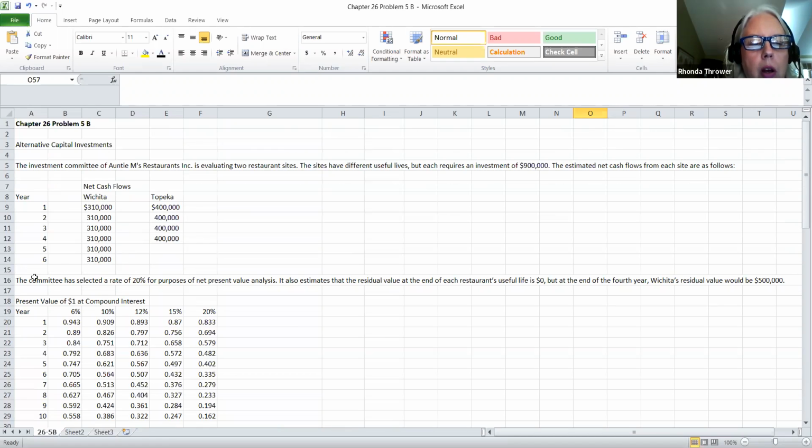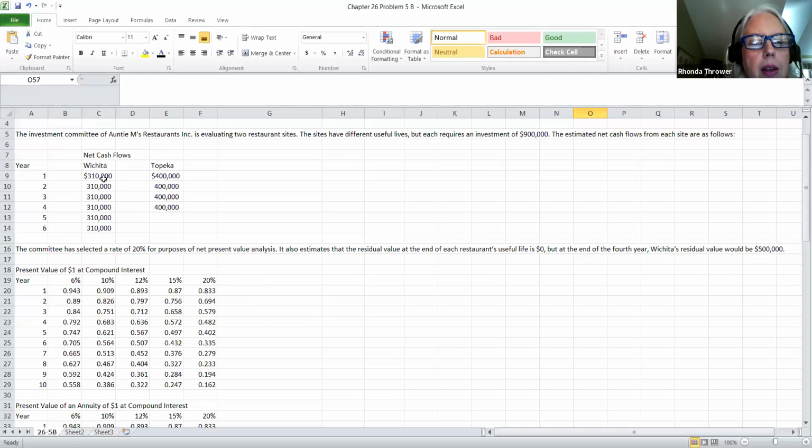Notice that Wichita has a 6-year life. Topeka has a 4-year life. So they've got unequal useful lives, which could affect the present value analysis. So read your directions carefully. Use the table that they direct you to use when you're calculating these problems.